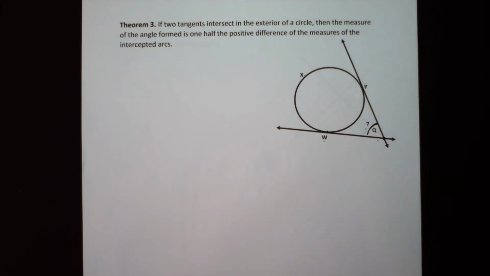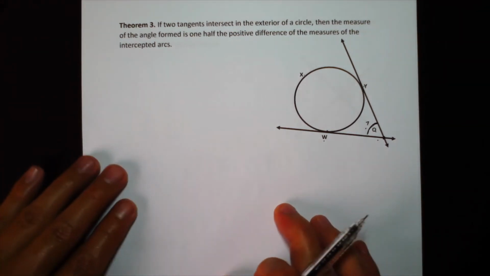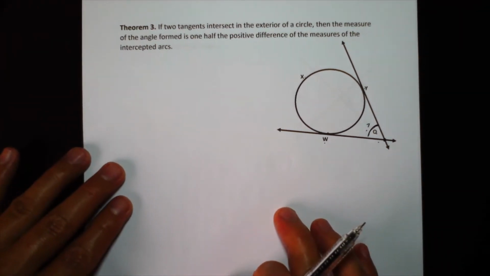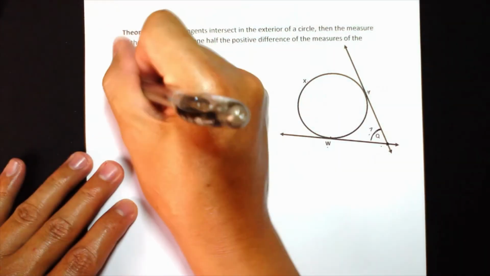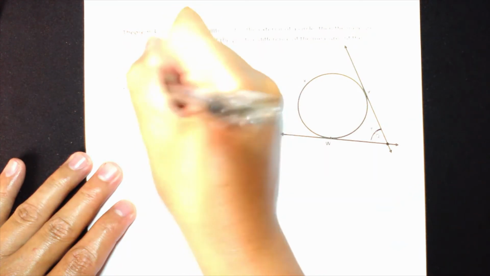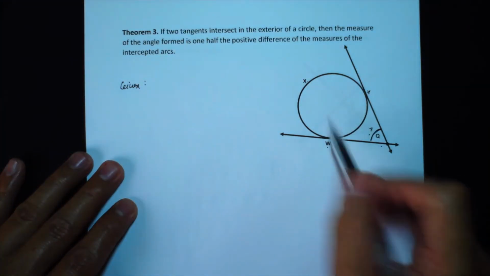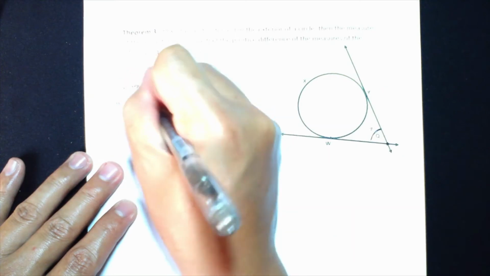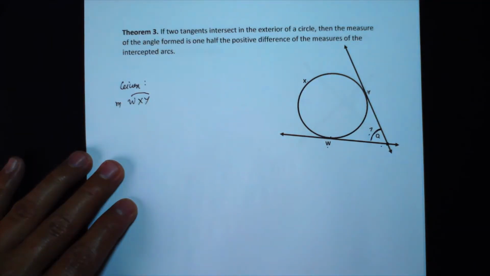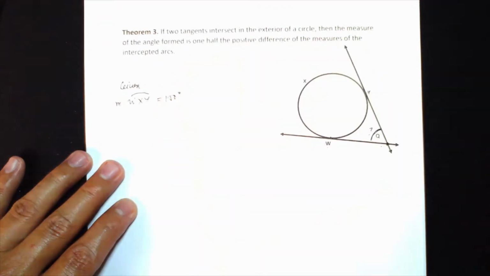Let's have values for those intercepted arcs. Given the measurement of arc WXY is equal to 150 degrees.